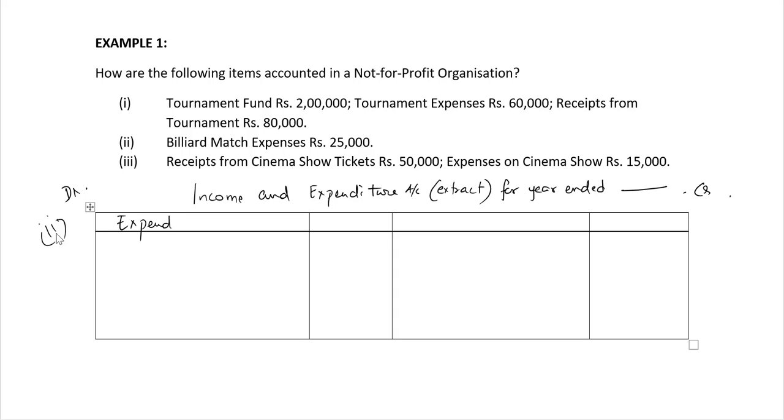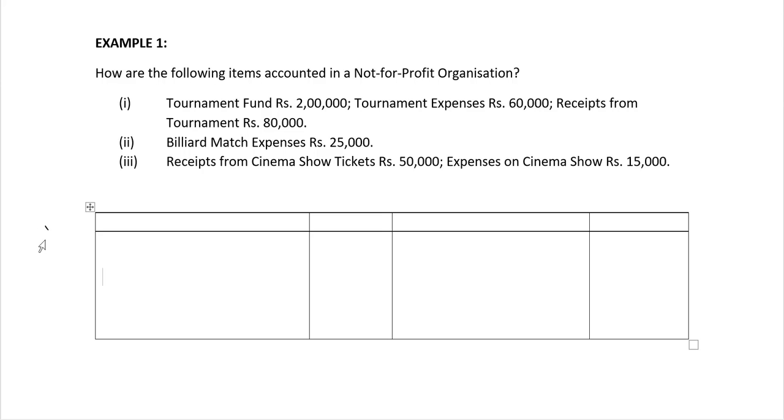Expenditure rupees, income rupees. 2, billiard match expense, 25,000 rupees. So this is the answer to the second question.